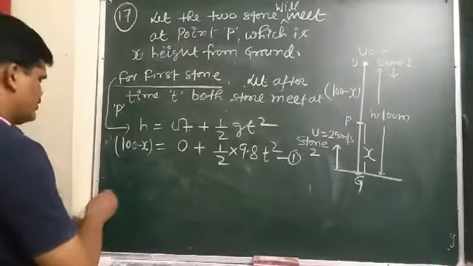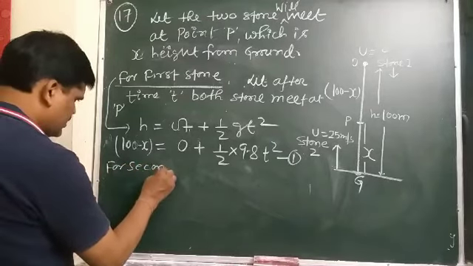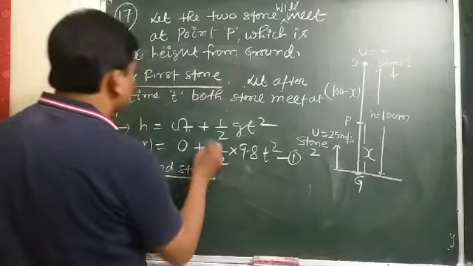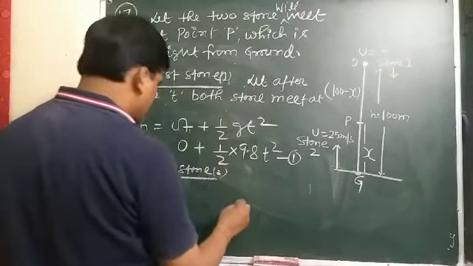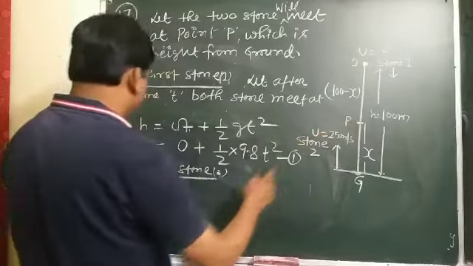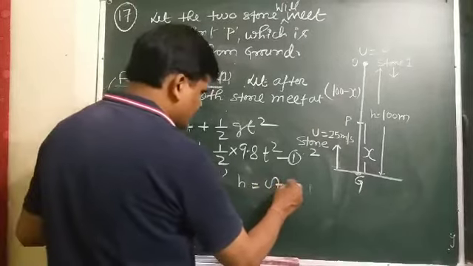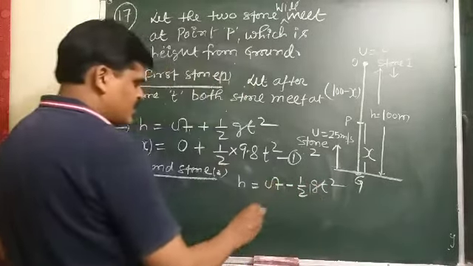For the second stone, it reaches point P after time t. Again we use h equals ut minus half gt square, in the upward direction, so g is taken negative.